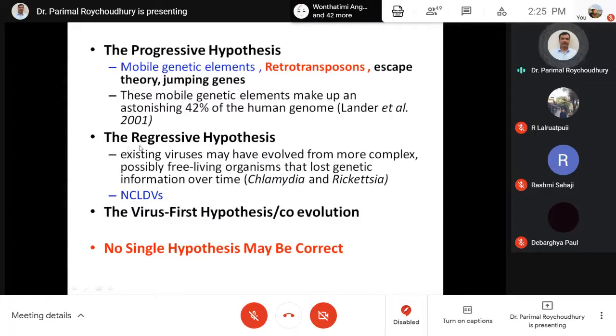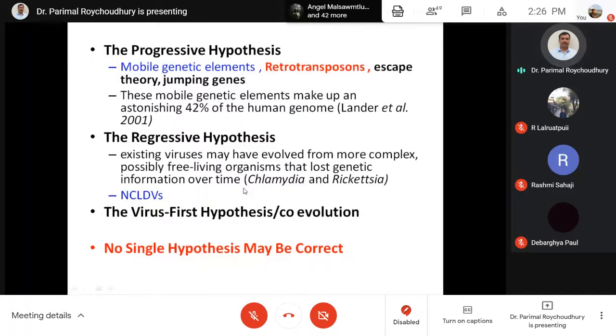However, another school of thought says that it's not that way the virus has evolved. It is rather a regressive hypothesis, where they say that probably the life system had already evolved in this world, and then some of these gradually lost their genetic material, lost the independent replication process in the world, and finally became attached to a host cell.